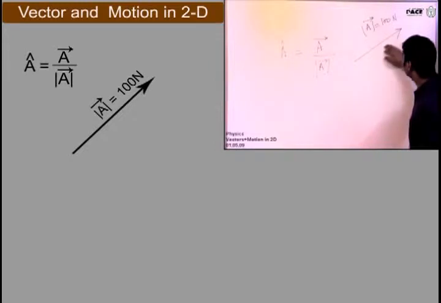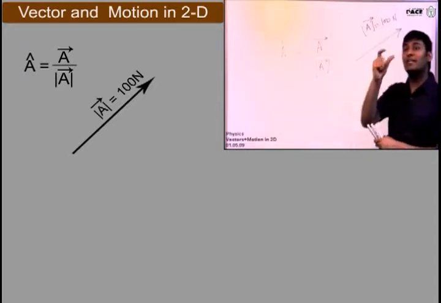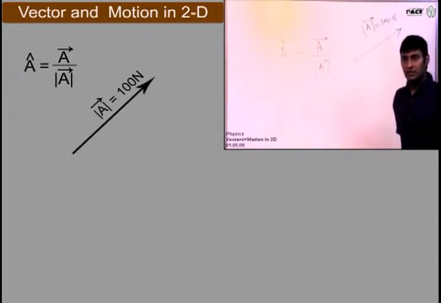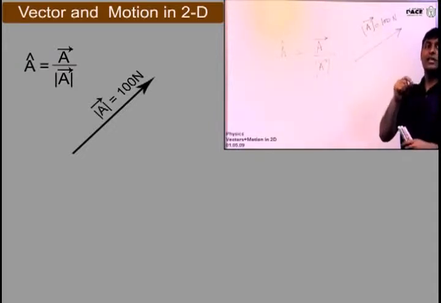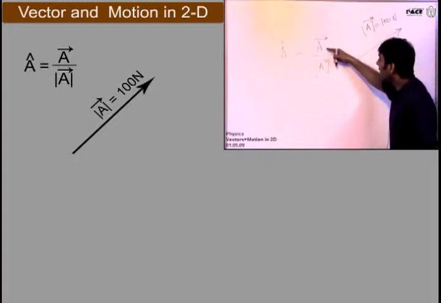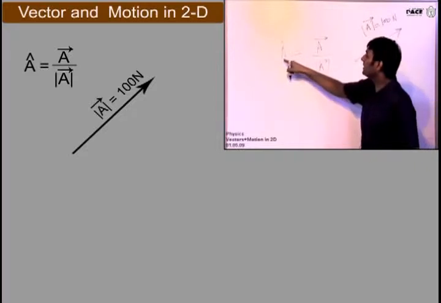If this vector in this direction is 100 Newton force, and I want to represent it by, I want a unit vector in this direction. 1 centimeter in that direction. Yes. Forget about 1 centimeter. Unit vector will be a vector. This vector, any vector divided by its magnitude represents a unit vector.